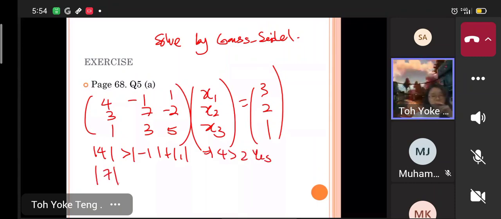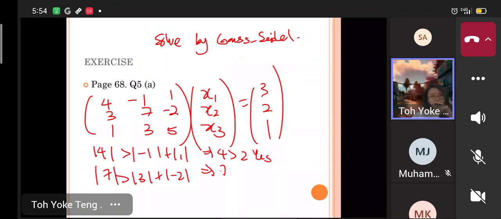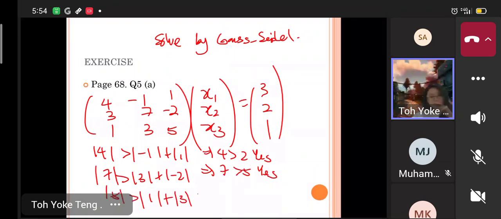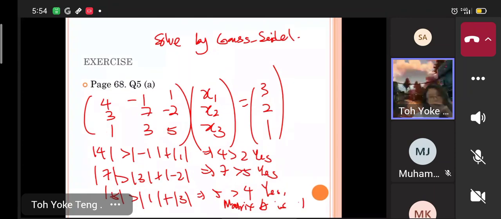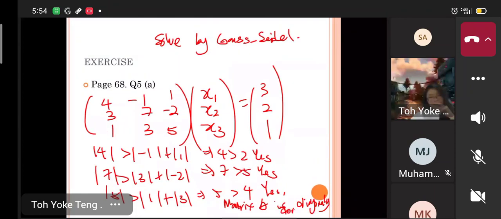And then 7 is greater than 3 plus negative 2. So 7 is greater than 5, yes. And the last one, 5 is greater than 1 plus 3. So 5 is greater than 4, yes. So matrix A is diagonally dominant.